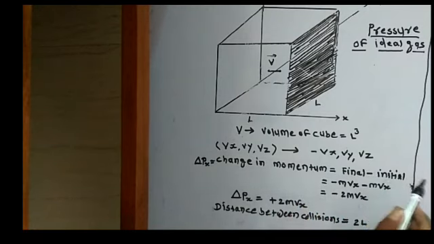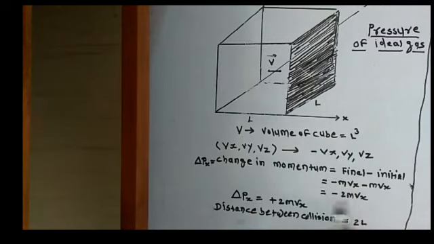This negative sign is due to the reverse direction of the molecule, and we get minus twice mvx. But according to the principle of conservation of momentum, the change in momentum imparted to the wall is equal to plus twice mvx.